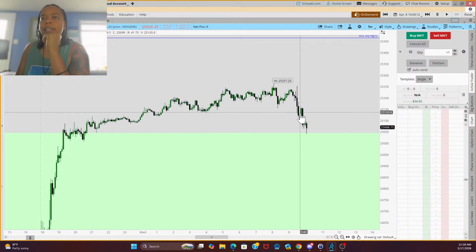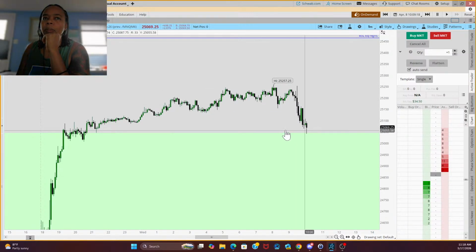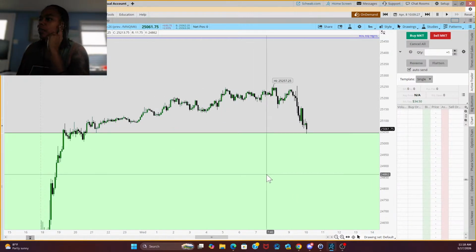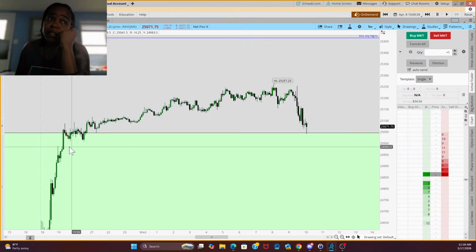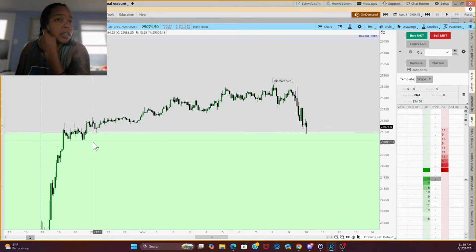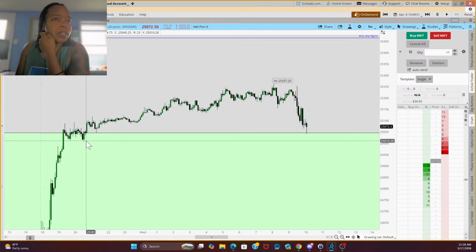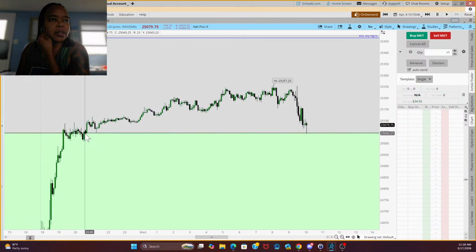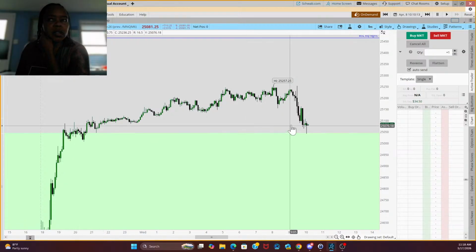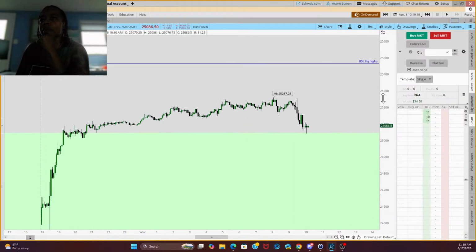See, my problem with taking a short here is that we've already swept a whole bunch of stuff. It could drop further, but it feels like chasing, and I don't like that. And we've swept this out. I don't know if I would call it equal lows. I'd call it equal lows if this was higher than that one. I tap into a higher time frame fair value gap though.